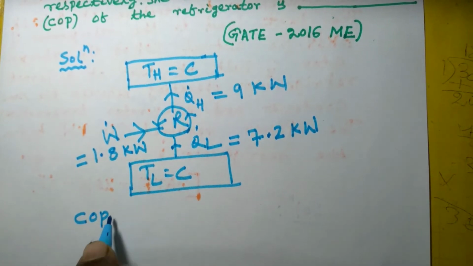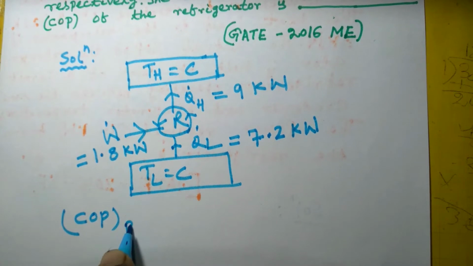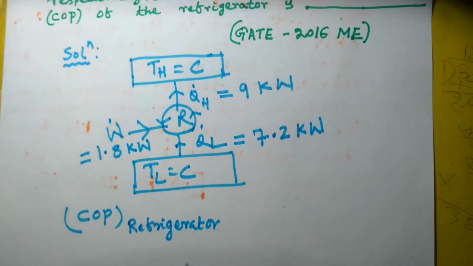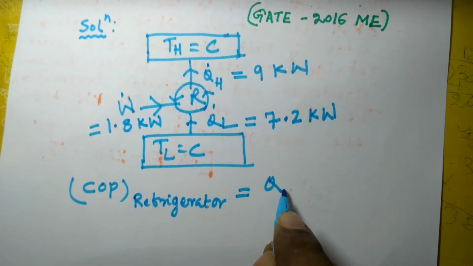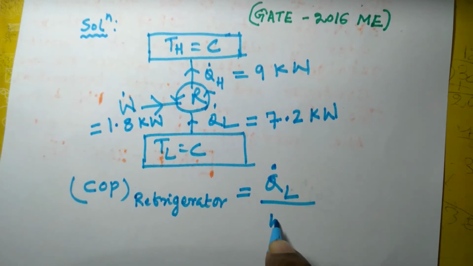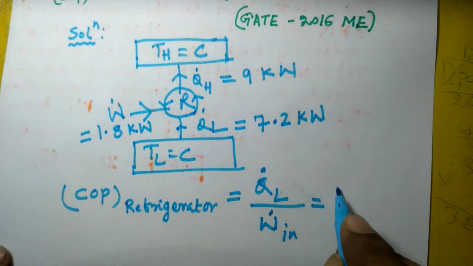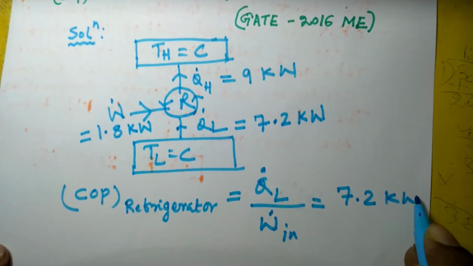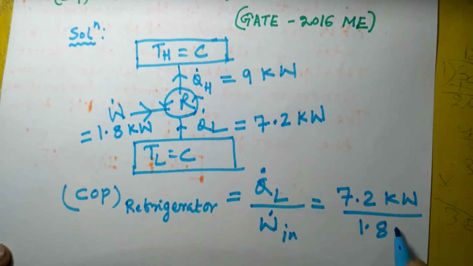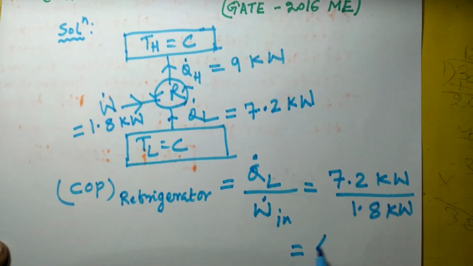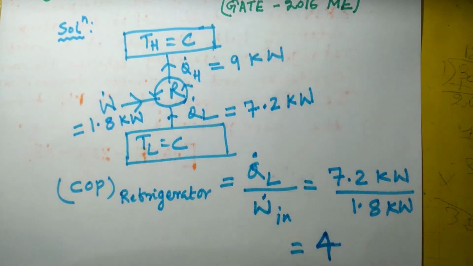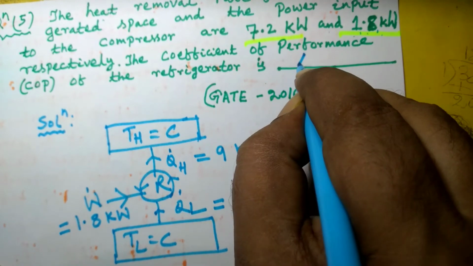COP of refrigerator will be desired effect by work input, that is Q dot L divided by W dot in. This is equal to 7.2 kilowatt divided by 1.8 kilowatt. This is 4. The COP of the refrigerator is 4, and if it were a heat pump, the answer would have been 5. So the answer is 4.